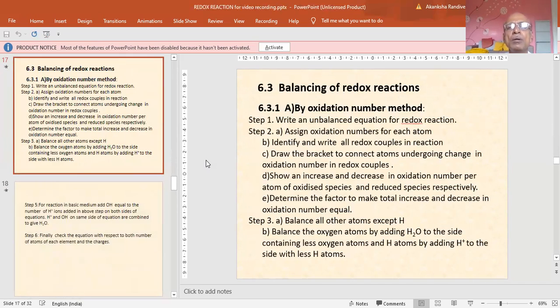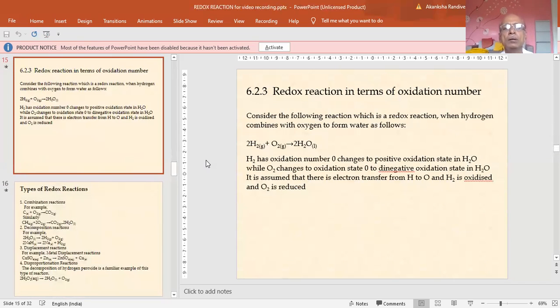Now, consider this reaction, which is a redox reaction. The reaction is that hydrogen, when it combines with oxygen, forms water. That is 2 H2 gas plus O2 gas gives 2 H2O liquid.